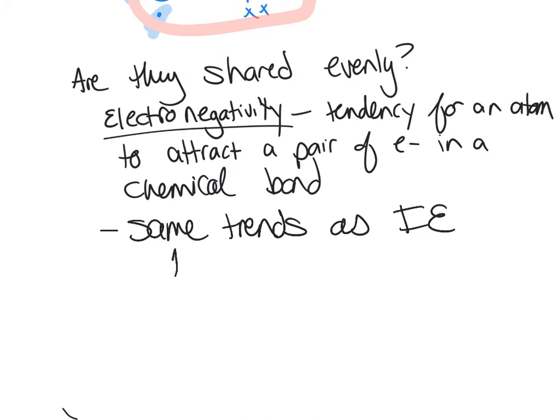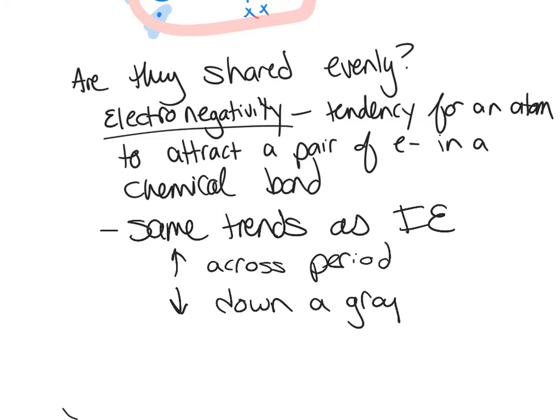Which means that it increases across a period and it decreases down a group. And the reasons are the same, okay? It increases across a period because of nuclear charge, and it decreases down a group because of radius or number of shells, okay?